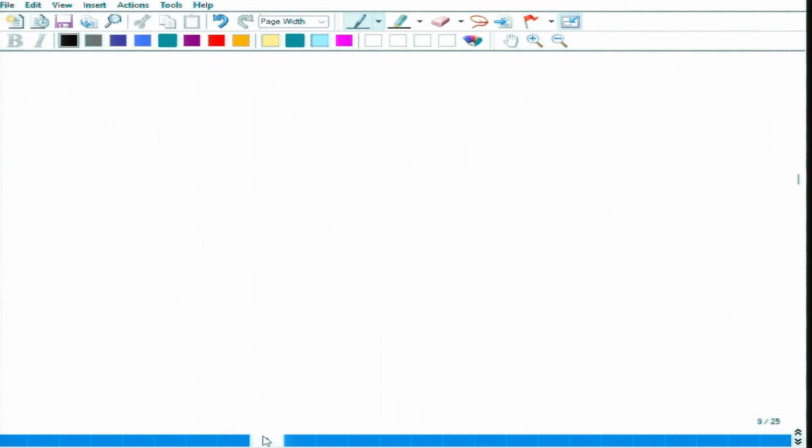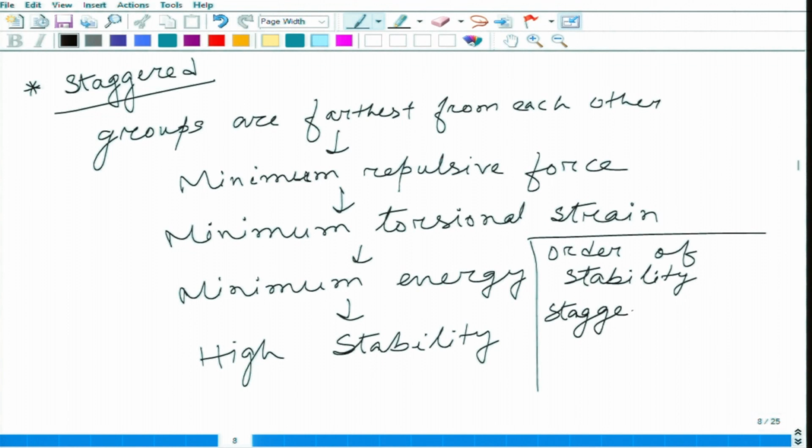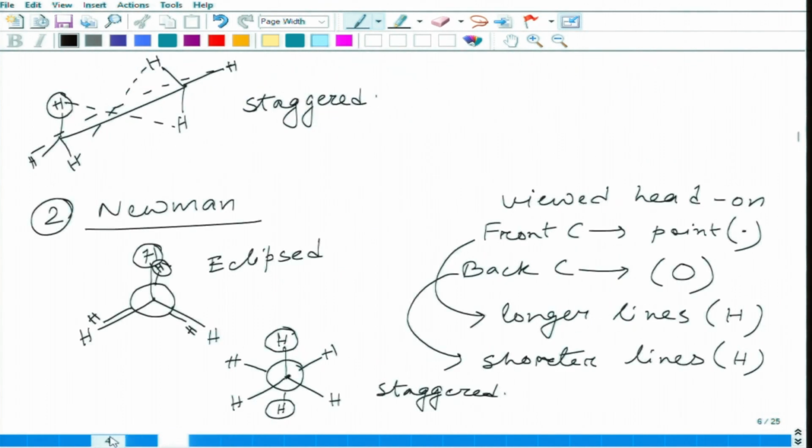So, according to the order of stability, staggered will have greater stability than eclipsed. Okay, so if staggered has greater stability than eclipsed, then we know that infinite conformations are possible. Staggered and eclipsed are not the only ones.